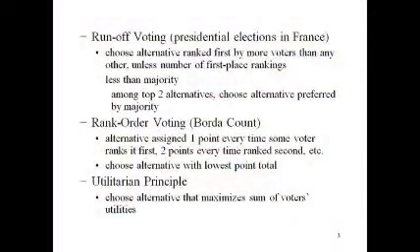Then there's runoff voting, and there are various versions of this, but probably the best known version is the one that's used in presidential elections in France. And there, once again, voters each vote for one candidate.